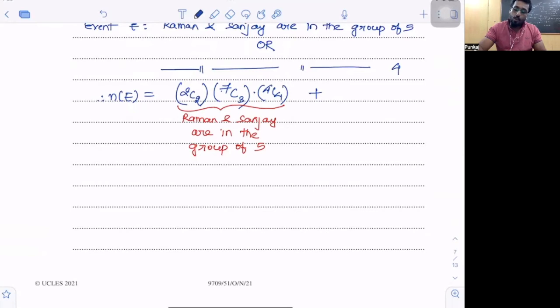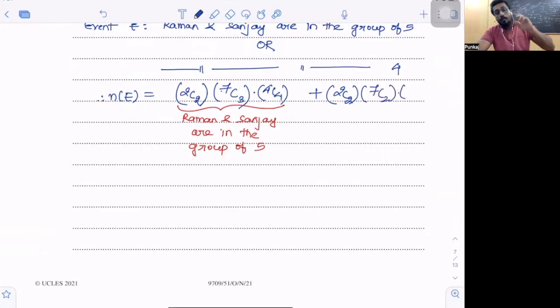So again 2C2, but now I'm arranging the group of 4. 2 places are still left, and 7 members are there. I want to select these 2 places out of the 7, so I can do the selection in 7C2 ways.